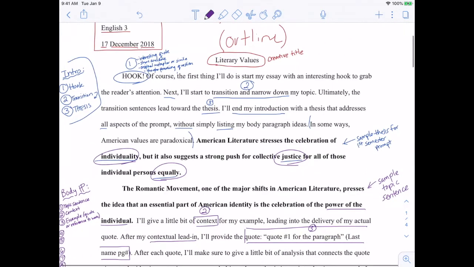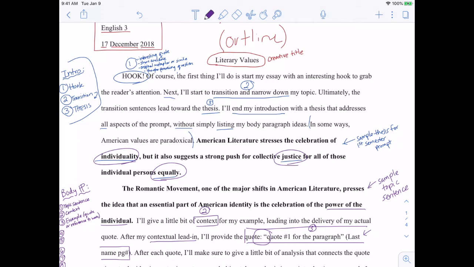Notice with my quote, I do give a contextual lead-in, okay, so that goes back to the idea of context. I do have some form of quote integration, meaning my quote is not just standing alone by itself as a complete sentence. It's integrated into my own words. And then again, we end with a parenthetical citation, which should be the last name of the author, and a page number, which you should have both for every single source that you use.